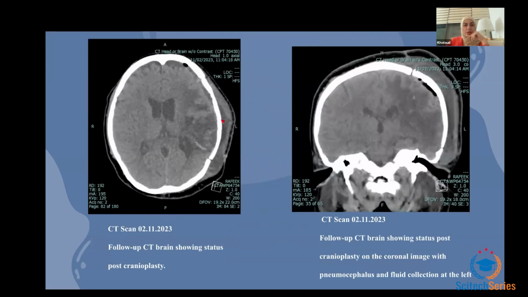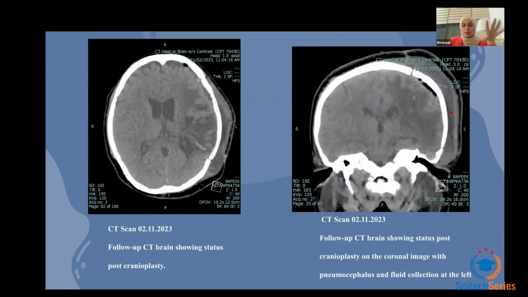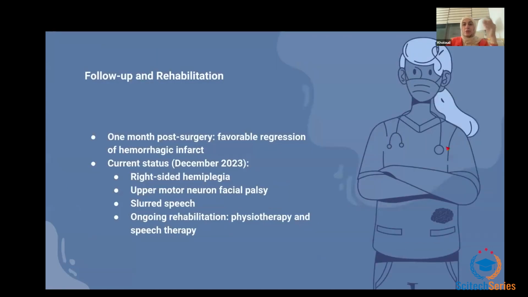And then this is post the cranioplasty. This was done from around the end of June till the beginning of November. And then following up with her, after 1 month, she had a favorable regression of the hemorrhagic infarct.